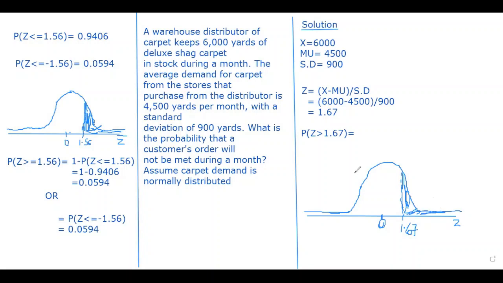So the table reads to the left, right? Yeah. The table reads to the left. So simple. 1 minus probability that Z, just change this sign to what? Less than 1.67. Do you get it?